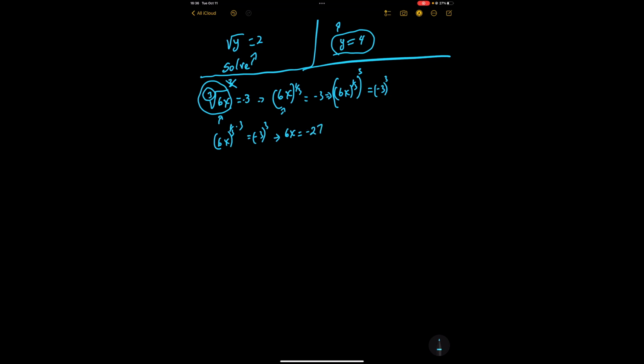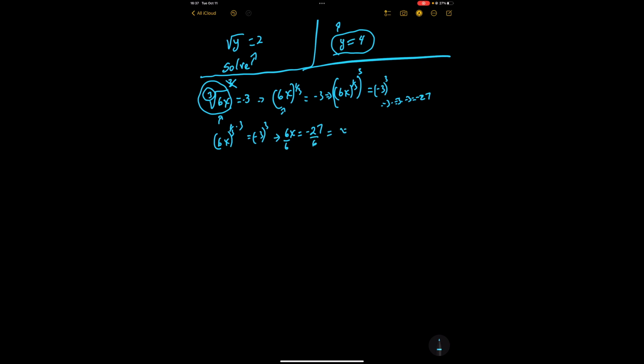Right? Because remember, negative 3 times negative 3 times negative 3. Negative times negative is equal to positive. Positive times negative equals negative. So with negative, and 3 times 9 is equal to 27. That's how you get that. Now, solve for x. I'm going to divide both sides by 6.